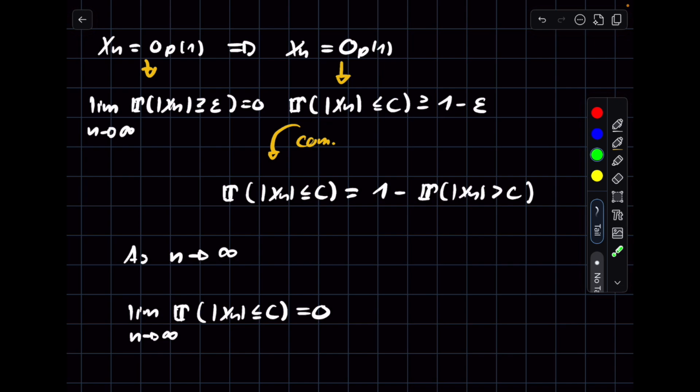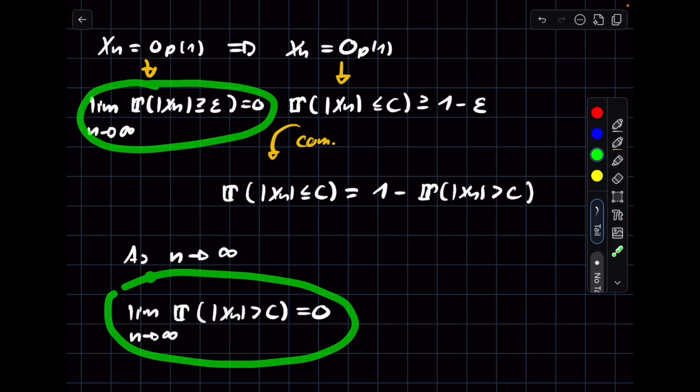So what we do is simply we take this and we take the complement, right? So this is going to be equal to 1 minus its complement. That's pretty easy. Then we see that this guy here, we're going to put it over here, right? And we're going to see that as it approaches infinity, it will approach 0 because this is simply put the definition over here, right?